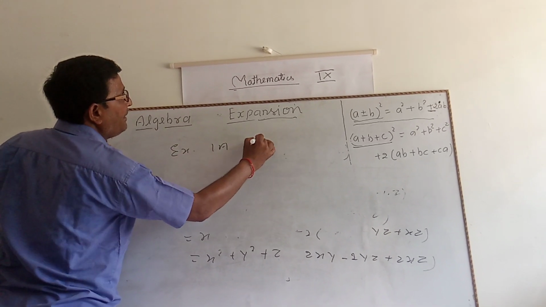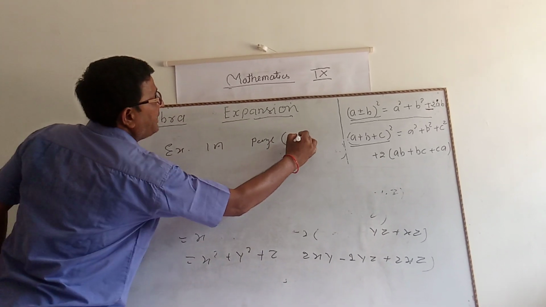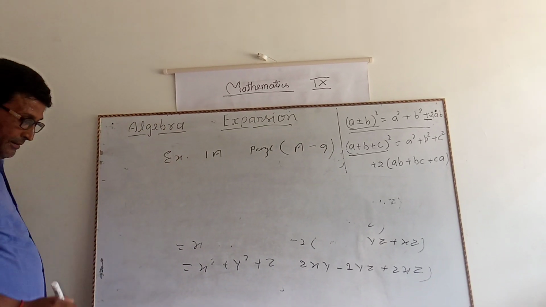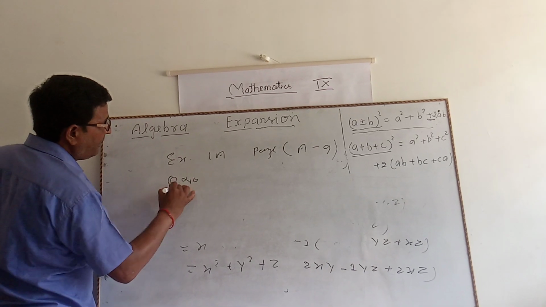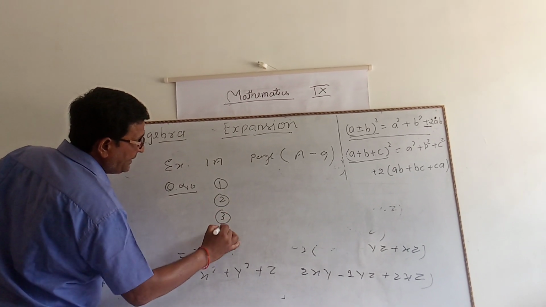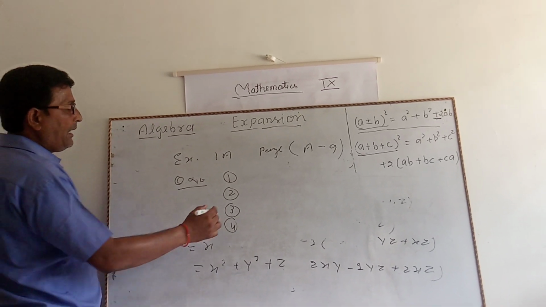First, A, page number A9, question numbers 1, 2, 3, 4. Only up to 4 questions.